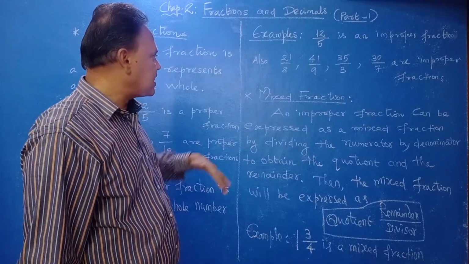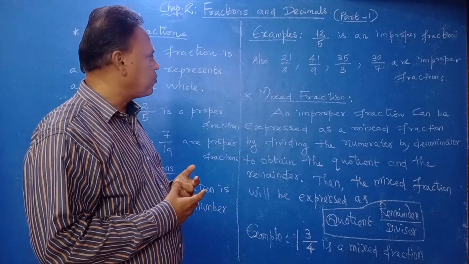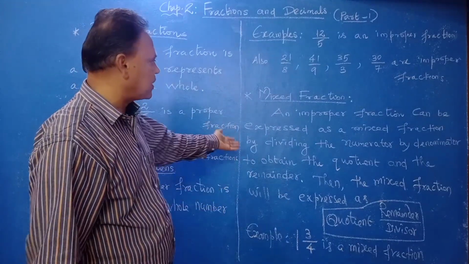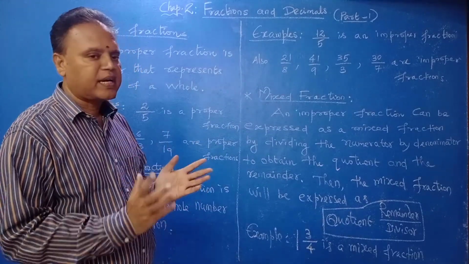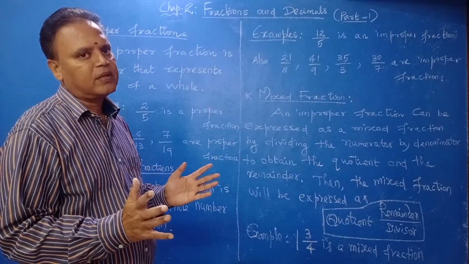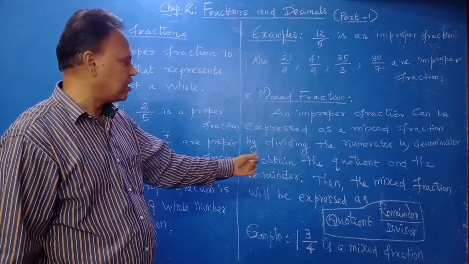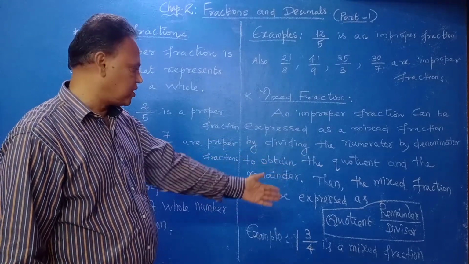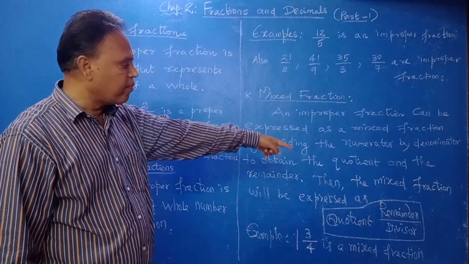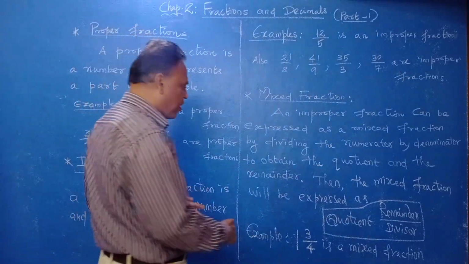Next, mixed fraction. What is a mixed fraction? An improper fraction can be expressed as a mixed fraction by dividing the numerator by the denominator. You will get a quotient and a remainder. Then the mixed fraction is expressed as quotient, remainder by divisor. This is the form.